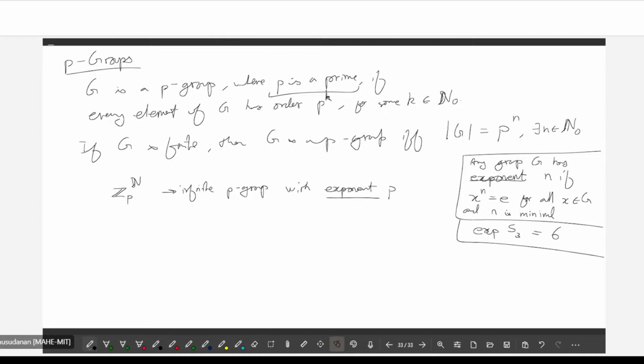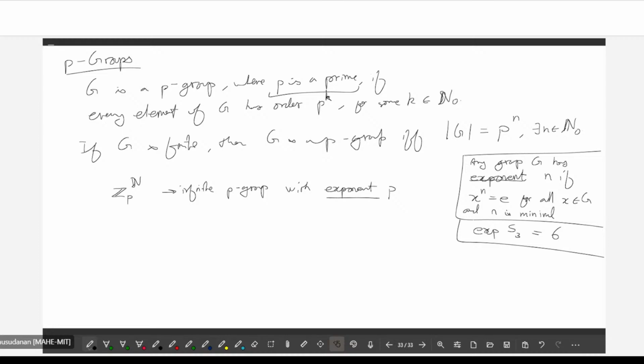So, any group with smallest such n. If you have a finite group, then the order of the group is one such n. It may not be the exponent. So in the Klein four group, what is the exponent? 2.